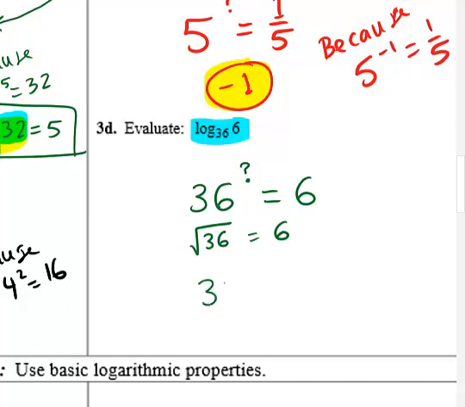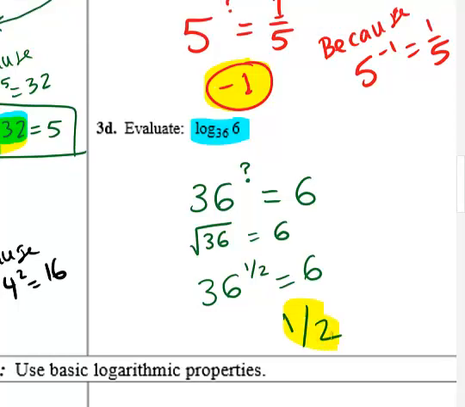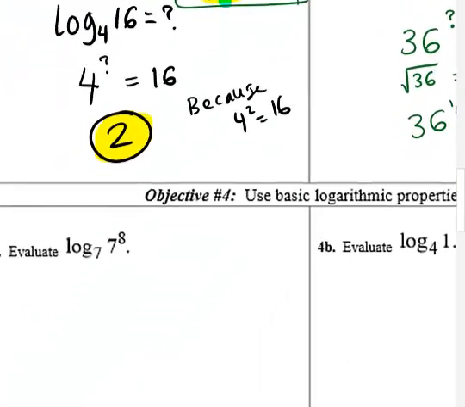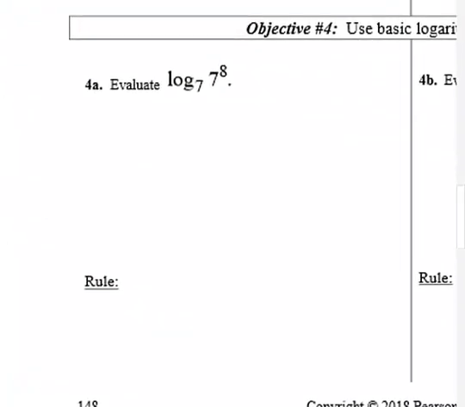So the power I want is a 1/2 power, because as we just reviewed, a half power represents a square root. So the answer to this one is a half, or 0.5 if you want to write it that way. So logs are kind of weird, but you get the hang of them the more problems you do, so that's the good part.